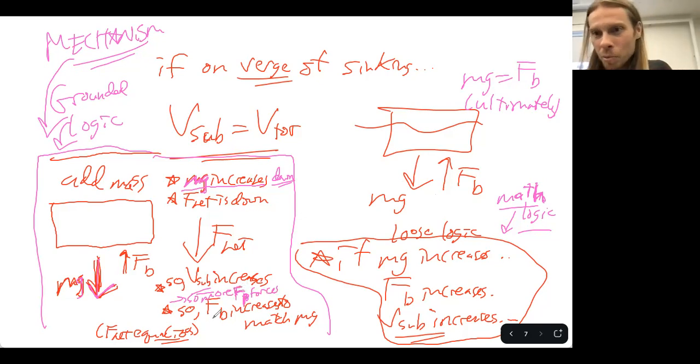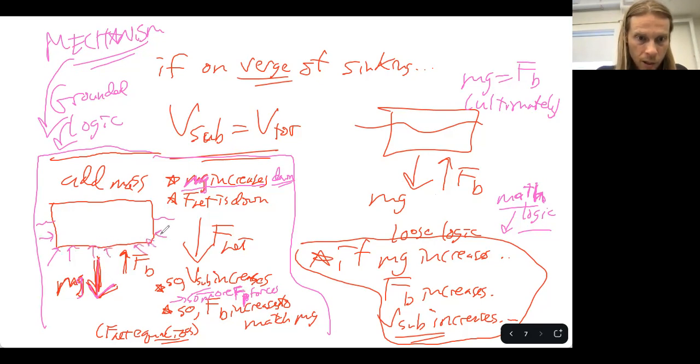The buoyancy force is the pressure forces. So there's more water pushing on the object. So the buoyancy force increases to match mg, finally equalizes, and it stops and it rests at a new V sub. On the verge of sinking, though, V sub will equal V total.